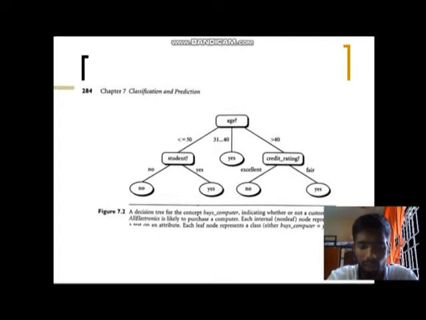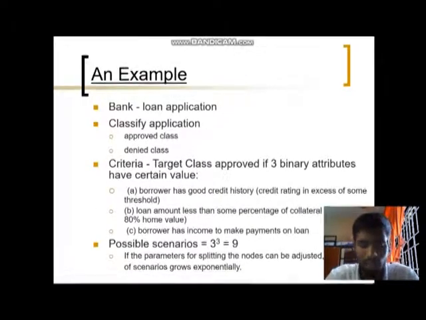You provide the data saying if the person is less than or equal to 30, there are two possibilities. He's a student and he might have a personal computer, or he might not have a personal computer. And what about ages 31 to 40? We are providing data that yes, from 31 to 40, all people buy a computer. And what about age greater than 40? If their credit rating is excellent, then they don't buy a PC, whereas if their credit rating is fair, then they buy a PC.